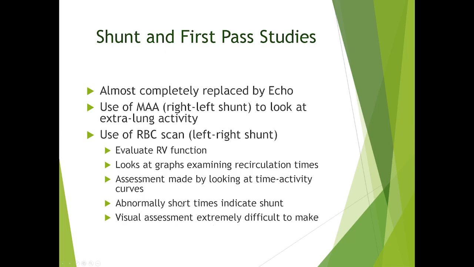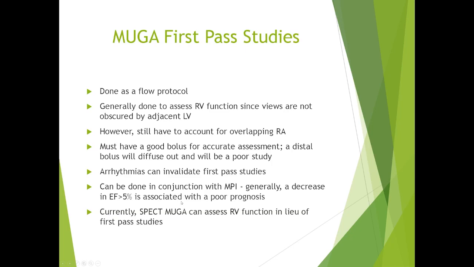If you were to just look at all these images visually, it would be extremely difficult to analyze them. So, for example, a first pass study is done as a flow protocol where you inject and then do dynamic imaging, but with EKG gating. This is done to assess RV function because as the bolus passes through the RV, the LV and other structures around it do not have activity, so you can isolate the RV for a very short but specific time period. But you do still have to account for a little bit of overlapping RA.